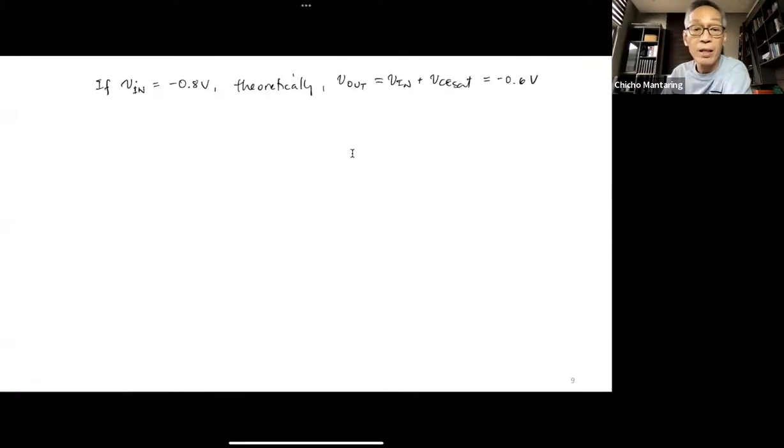Let me write that down. If V in is equal to negative 0.8 volts, theoretically, V out, which is equal to V in plus VCE SAT, will be equal to negative 0.6 volts.